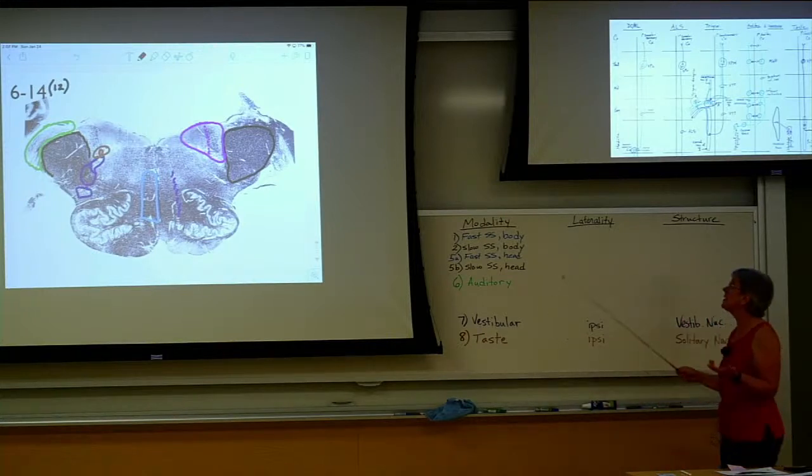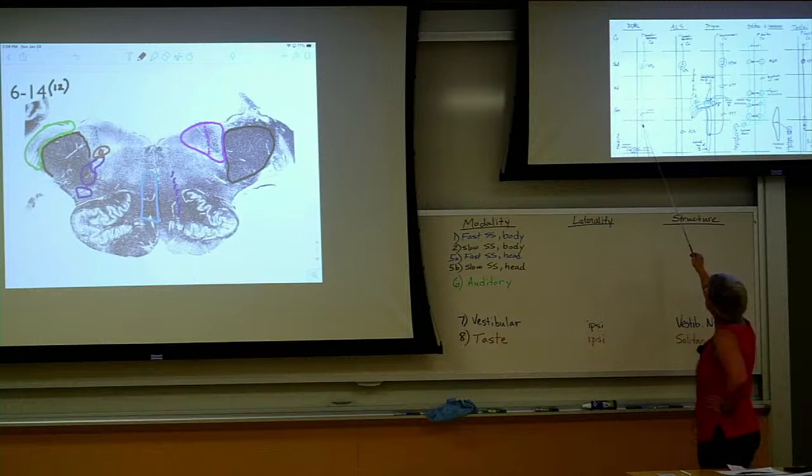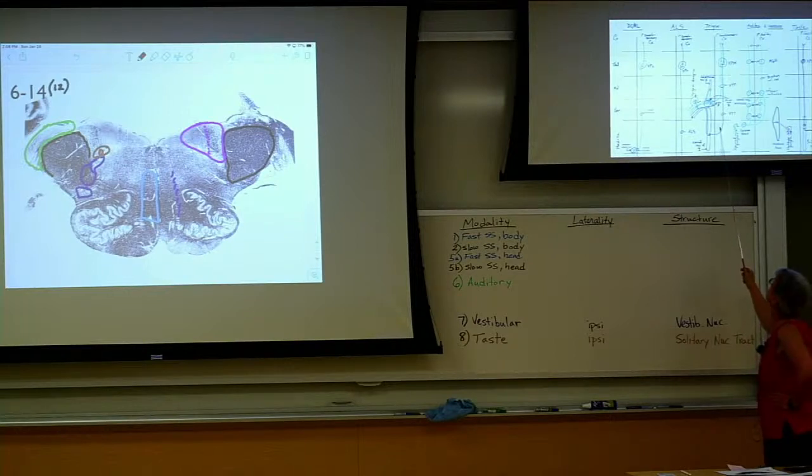Okay, but let's go ahead and go through all of the structures that we need to be able to find in the superior regions of the medulla. So we need to be able to find our medial lemniscus for fast somatosensory. We need to be able to find our anterolateral system for slow somatosensory, both from the body. We need to be able to find our descending nucleus and tract of the trigeminal system for slow somatosensory information from the head, as well as VTT is going to be going through here.